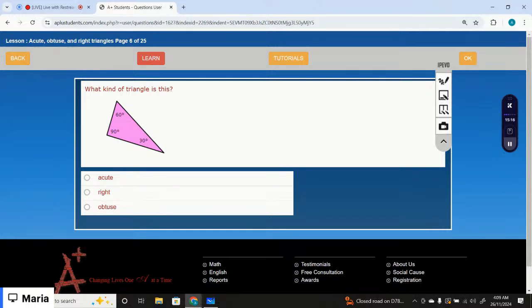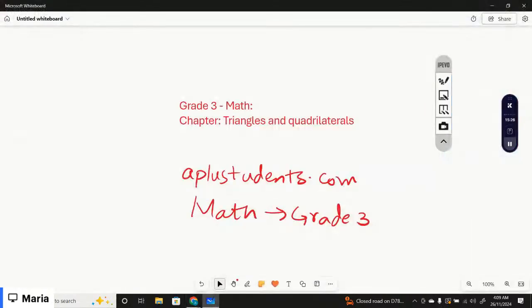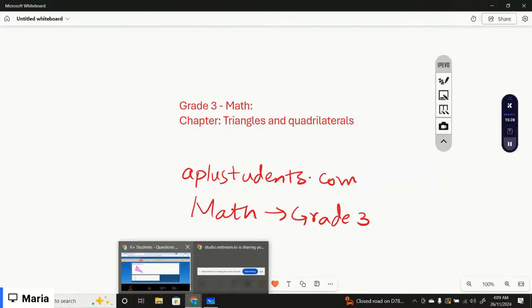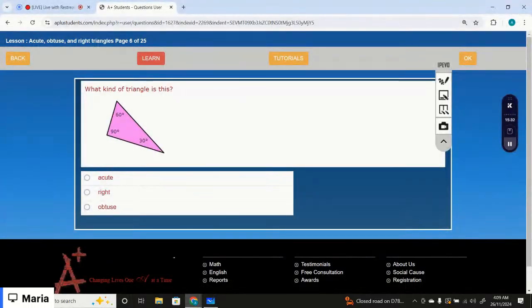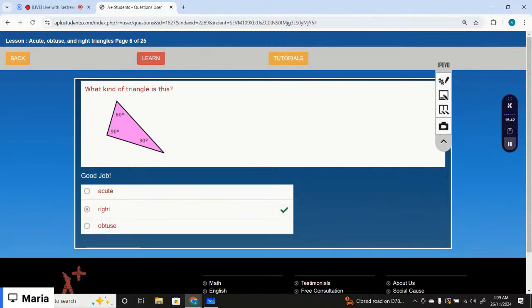The correct option is right angle triangle. Right angle triangle because one of the angles measures exactly 90 degrees.